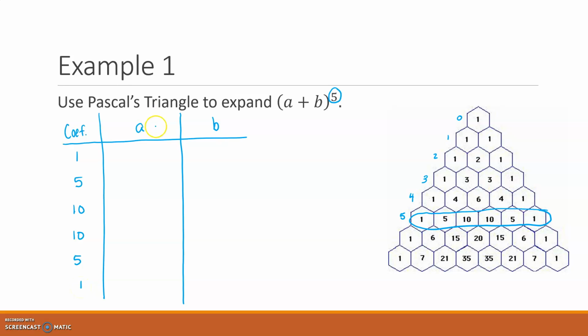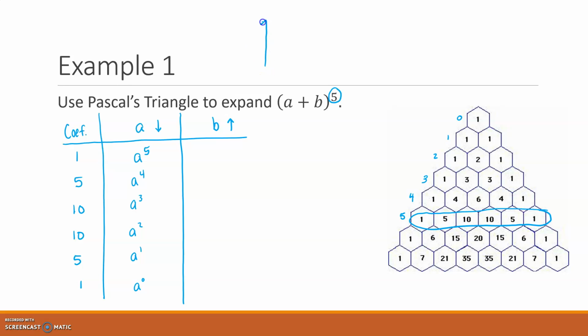Now, with the next column, we need to put them in descending order. In the second column, we put them in ascending order. So what that means is I'm going to have a to whatever this exponent is, and I'm just going to work my way down. So a to the 5th, a to the 4th, a to the 3rd, a squared, a to the 1st, and then a to the 0. Whereas the b, they should be going opposite directions. Think about the escalators in the mall, and you see people going in different directions.